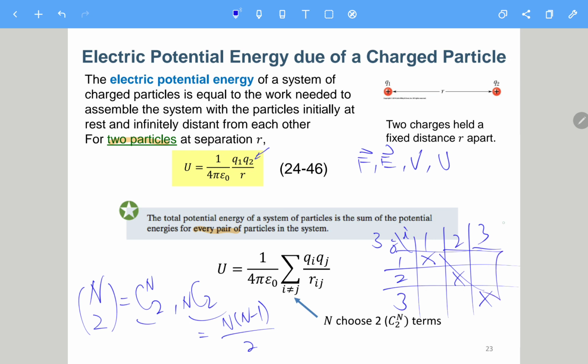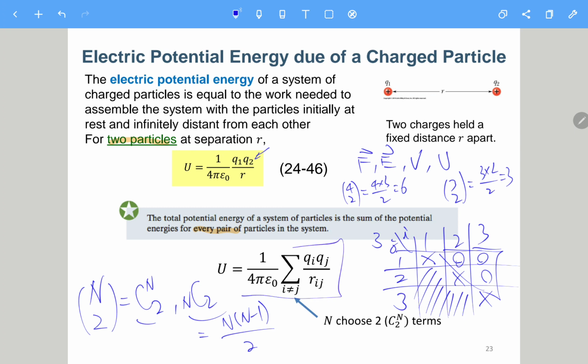If we choose the upper triangle, then we also don't consider the diagonal. So for 3 choose 2, that is 3 times 2 over 2, which is 3 terms. If we have 4 charged particles, 4 choose 2 is 4 times 3 over 2, which has 6 terms. So if the number of charges increases, the number of terms will increase.